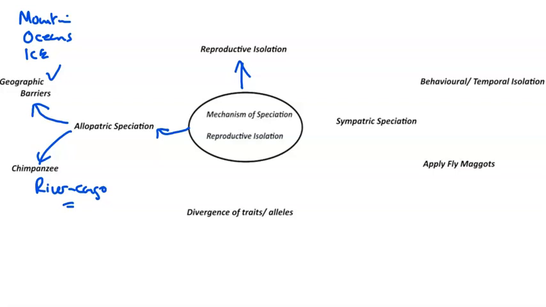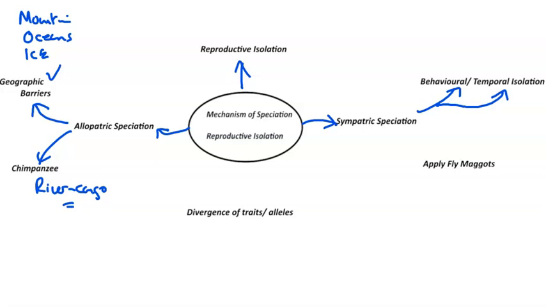Now, we've just seen an example of the fruit maggots, which is sympatric speciation, and there they were showing behavioral choices of apple or hawthorn as their host, but also there seemed to be a temporal isolation in their reproduction as well.